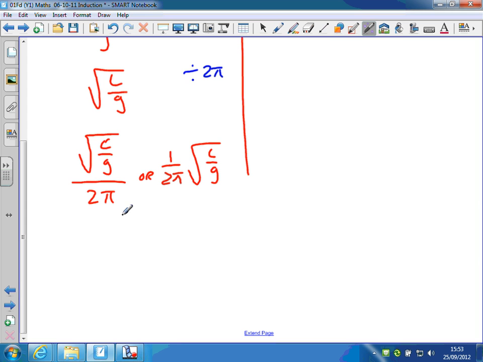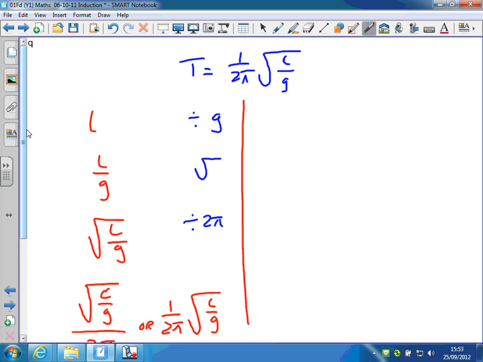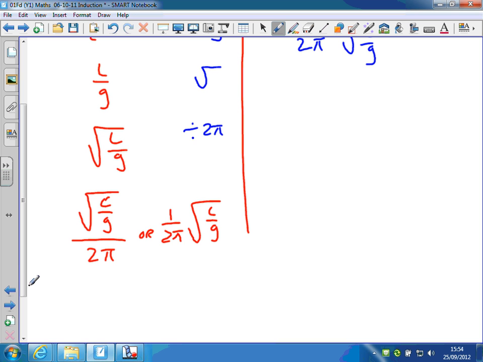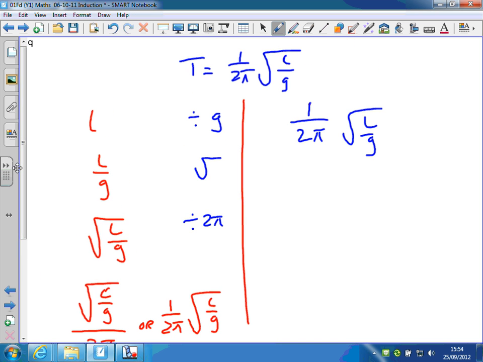So that's generated the formula, 1 over 2 pi times root L over g. Now what I do is I go backwards. So I start off with 1 over 2 pi root L over g. And now I'm going to go backwards. So look at this. Multiplied by 2 pi. And what does this equal? It equals T. So I'm going to multiply by 2 pi, and that will undo the divide by 2 pi.